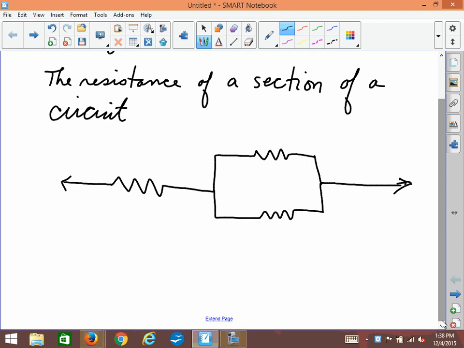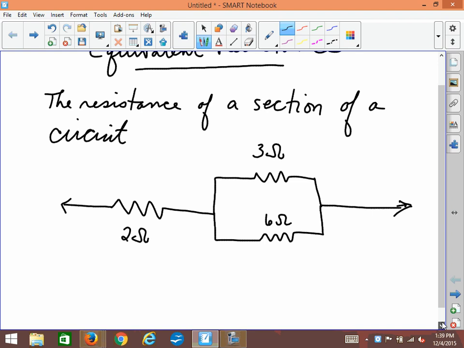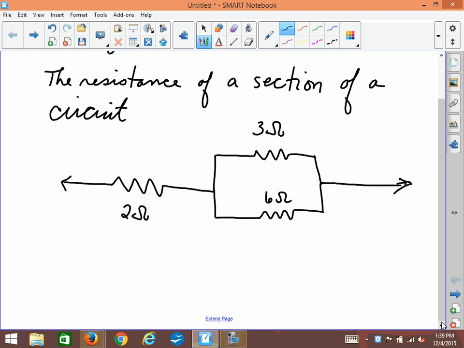Well, let's say that this resistor is 2 ohms. And let's say that the two resistors here are 3 ohms and 6 ohms. All right, so what we do is we look at the circuit and we try to decide whether or not we're dealing with series or parallel.